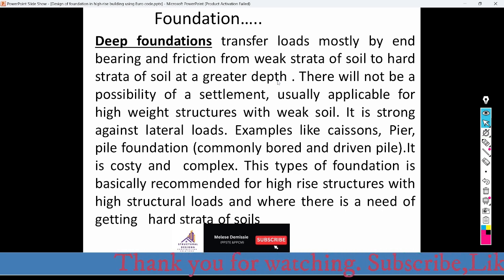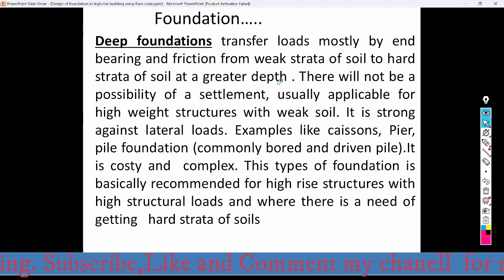So we need to go down into the soil until we get a good, hard stratum, or soil having adequate bearing capacity to carry the load coming from the superstructure. So we need to use a deep foundation.